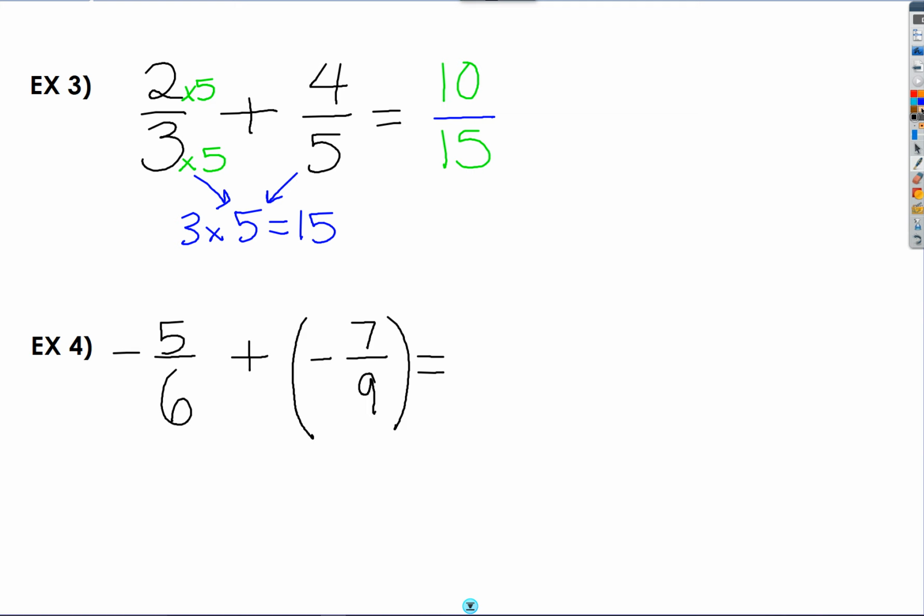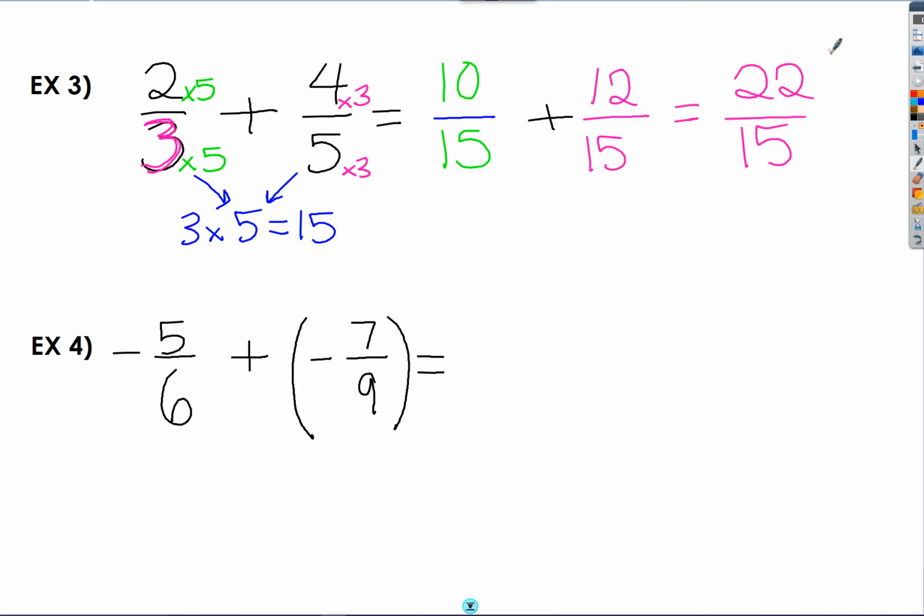My second fraction, I'll do in pink. If I need my denominator to be 15, I would have multiplied by the other denominator here, which is 3, which means I need to also multiply the numerator by 3. So I get 12/15. We are adding 15ths, and I'm still talking about 15ths, and I have a total of 22 15ths.